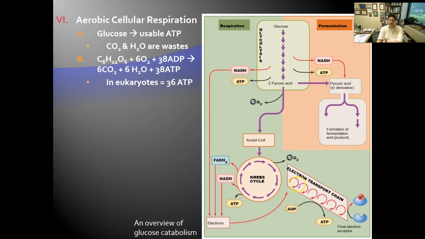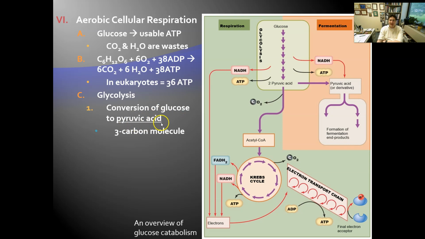Now, this diagram may not make a lot of sense now, but it will when we're done with this. Basically, here's our glucose that we're starting with. Now, in step 1, to break apart glucose in cell respiration, we're going to do something called glycolysis. Glycolysis is where we convert our glucose into something called pyruvic acid, which is a 3-carbon molecule.